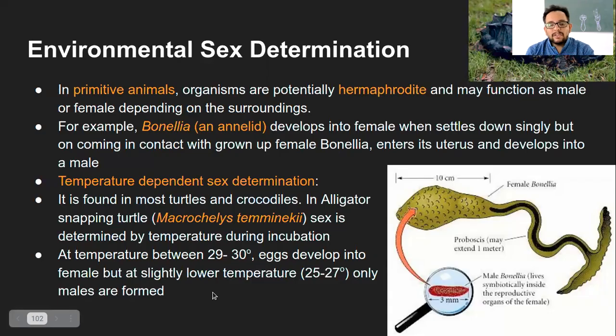So depending on the temperature in the surroundings, males or females will be born accordingly. That is environmental sex determination, or rather the environmental factors involved in the sex determination process.